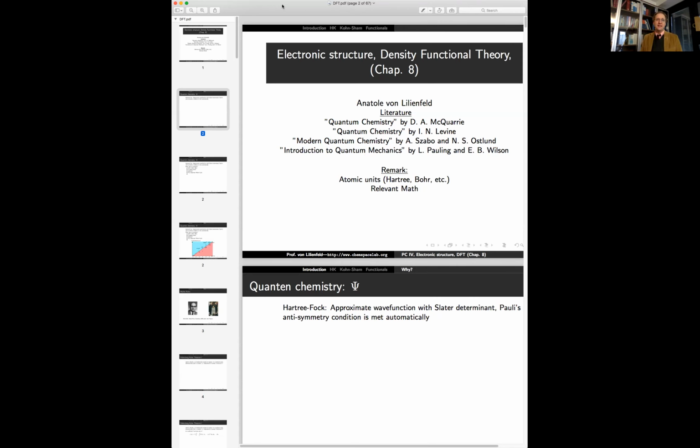In particular, I list here certain abbreviations. MP stands for Møller-Plesset, and there's a number attached to it because this is perturbation theory. We're using perturbation theory to include electron correlation, and the order of the perturbation theory corresponds to this number. Another very popular approach, which is typically more accurate than Møller-Plesset, is coupled cluster theory.